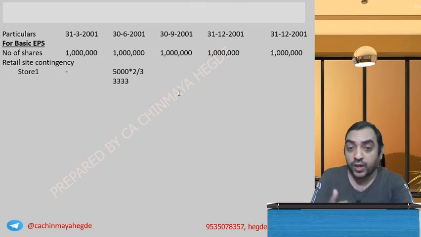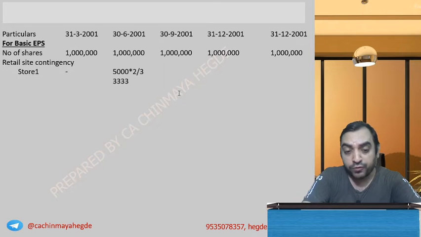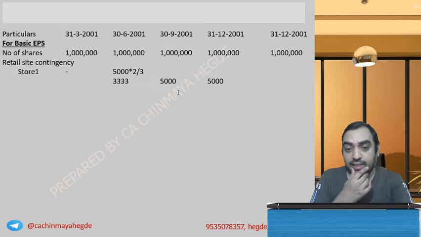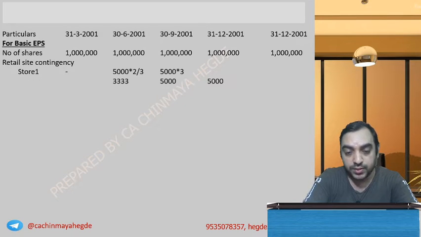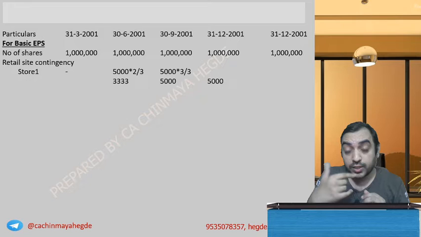Now 30th September. It was there throughout the quarter, throughout 3 months, so I take the full 5,000. For 31st December, I'll also take the full 5,000. And for the year ended 31st December, how do you calculate? This 5,000 was there for 3 months, this 5,000 was there for 3 months, and this 5,000 was there for how many months?